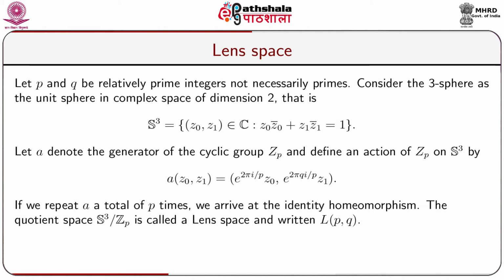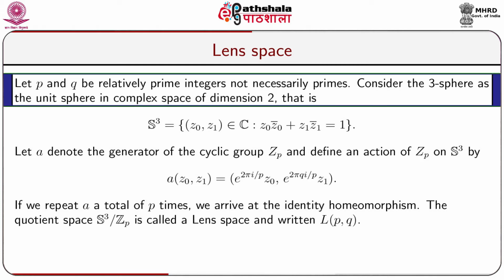Next, we consider another important topological space which is called lens space. Let P and Q be relatively prime integers, not necessarily primes.